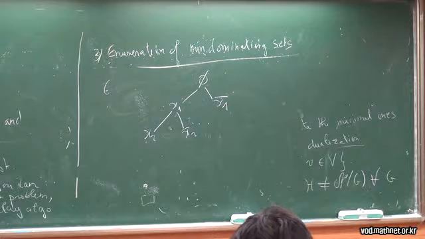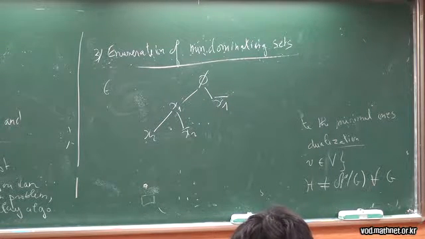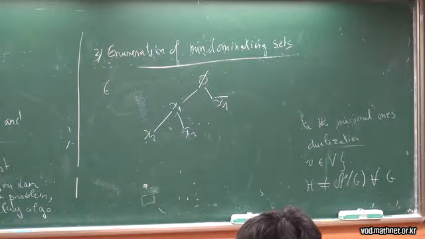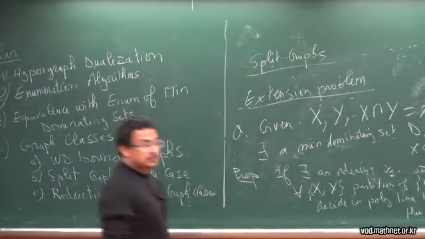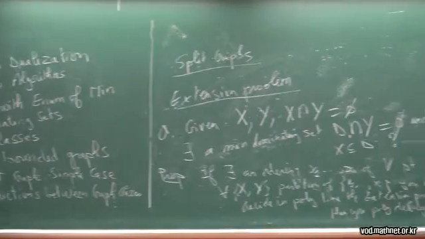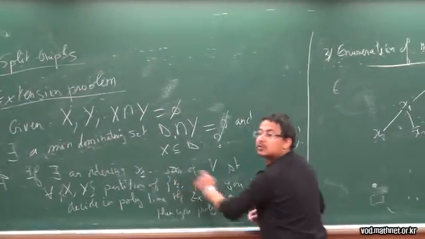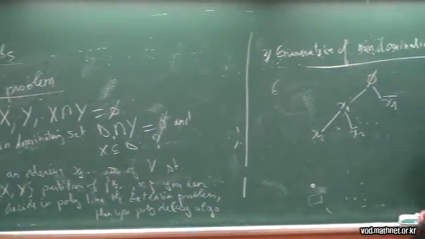Unfortunately, this problem is usually NP-complete, even in split graphs. If I give you a split graph and X and Y, asking this question is NP-complete. But you can maybe try to find such an ordering usually, or in a subset.